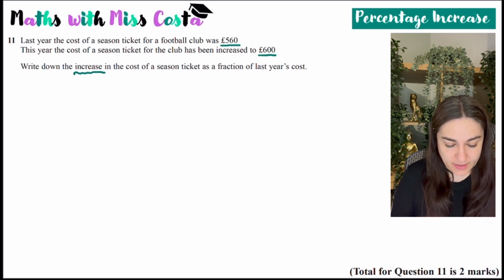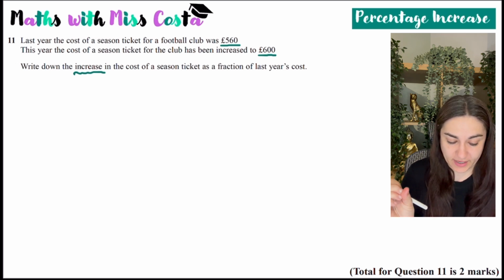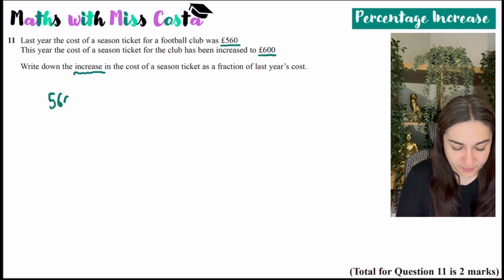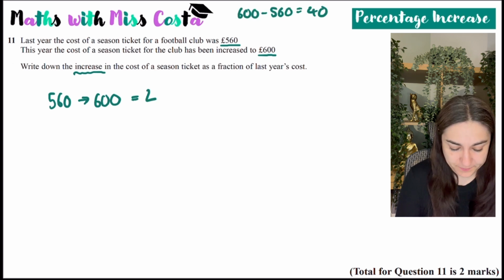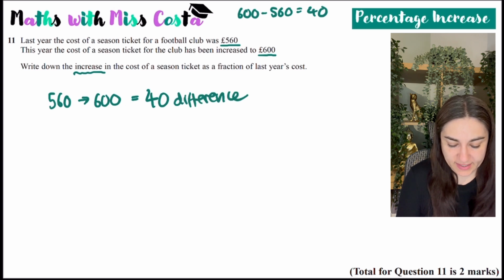So let's have a look at what's happened. First, I need to work out what the increase is. So if it was £560 and it's now £600, the difference between the two, 600 take away 560, is 40. So there's a £40 difference. So the increase is £40.